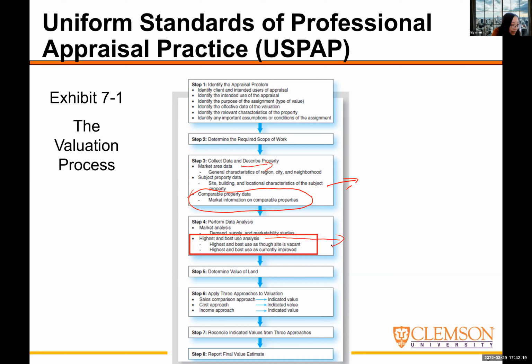Whenever you're trying to estimate the value, the worth of the property, use the highest and best use of the property. Okay, so if it's a vacant land, you can use the land to build a shopping mall, or you can use the land to build a parking lot.